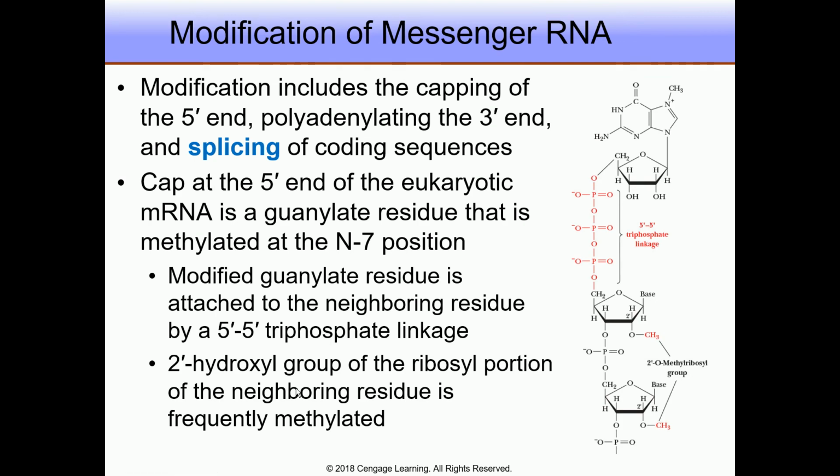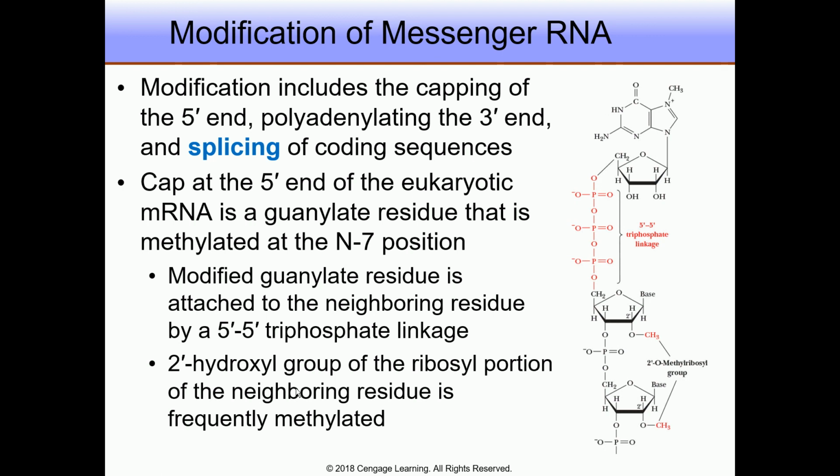And the last thing I would like to talk about in this chapter is the processing of the mRNA. As I said, in prokaryotes, when the mRNA is made, it is ready for translation, but it is not like that in the eukaryotes, because once the mRNA is made, it needs further processing.